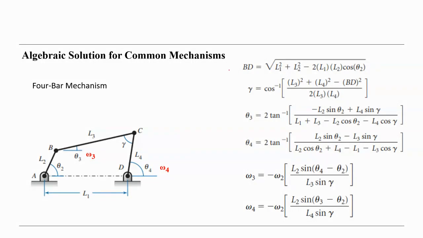And you may remember we calculated in our previous lessons the length BD and the gamma and theta 3 and theta 4. So applying the time derivation, we can easily calculate omega 3 and omega 4. The omega 4 gives us actually the angular velocity of the link CD.